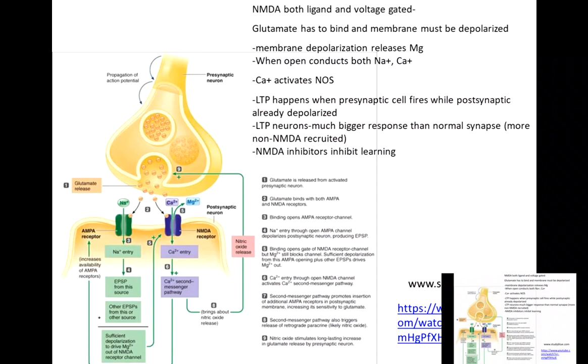So now the postsynaptic cell is even more sensitive to glutamate than it was before long-term potentiation. So in addition to the nitric oxide making it more likely for glutamate to be released from the presynaptic cell, it also makes more AMPA receptors available on the cell surface in the postsynaptic cell, so the postsynaptic cell is more sensitive to glutamate. And again, making it more likely that this synaptic transmission will happen.